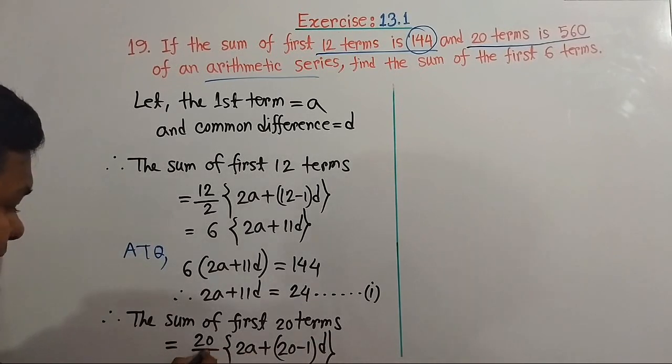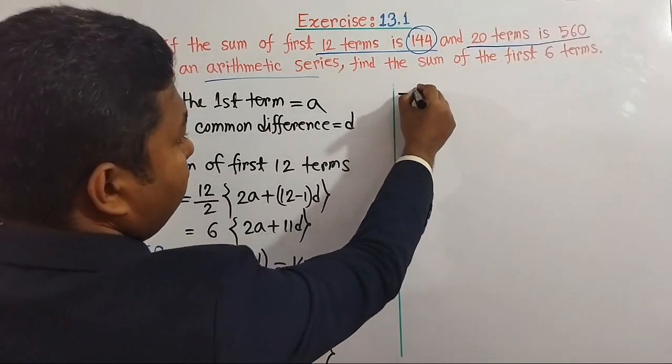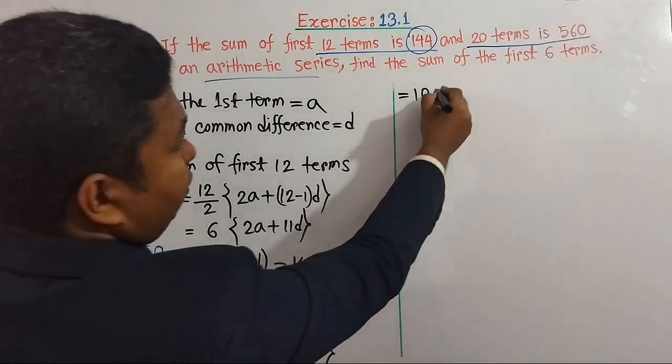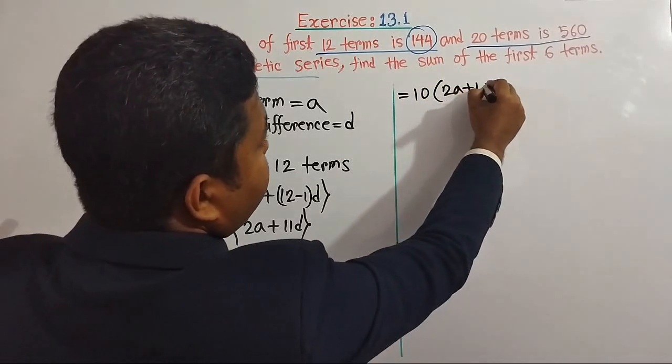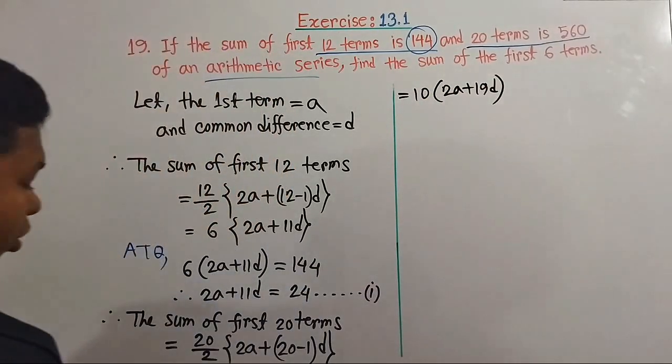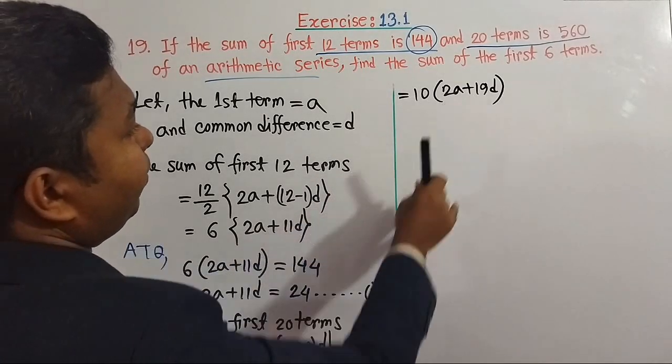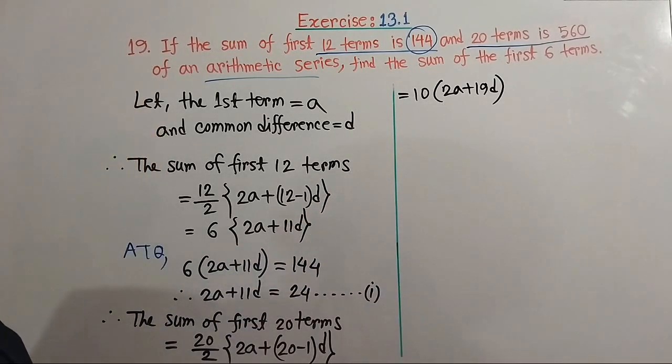Now 20 by 2 equals 10, so 2a plus 19d. So the sum of the first 20 terms is 10 into 2a plus 19d, and the given value is 560.